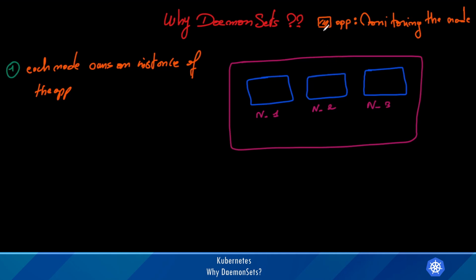So on the first node we have an instance of the app running here, the same for the second one, and the same thing for the third worker node. Each node runs an instance of this app, and the purpose of this app is for monitoring the worker node.